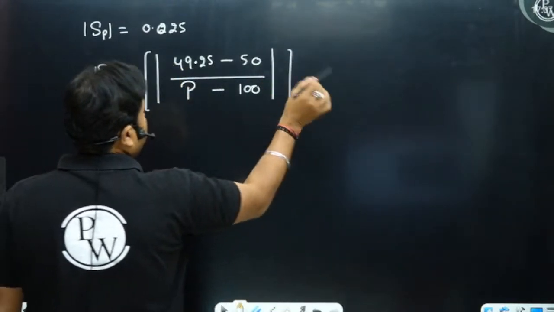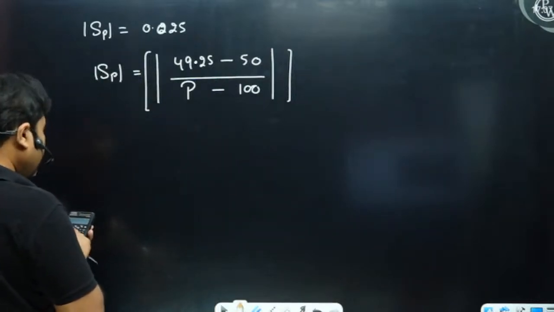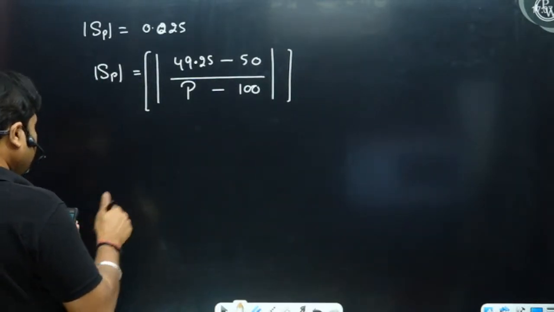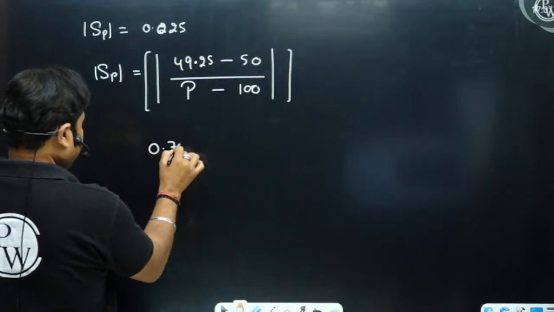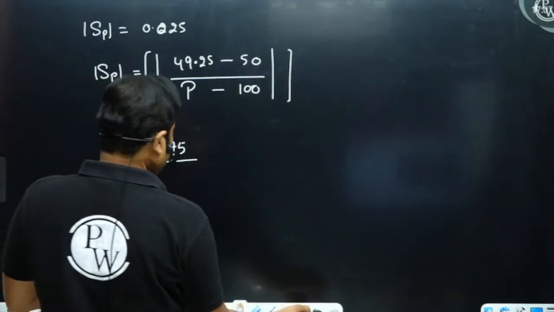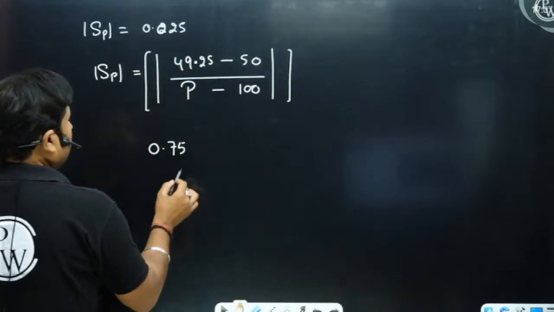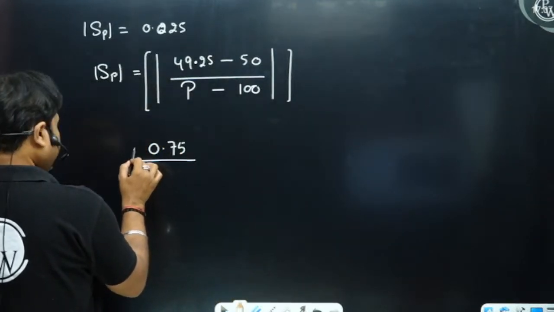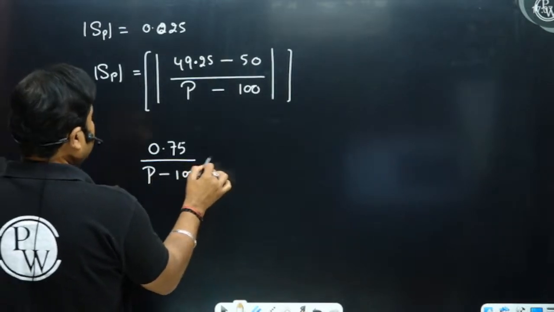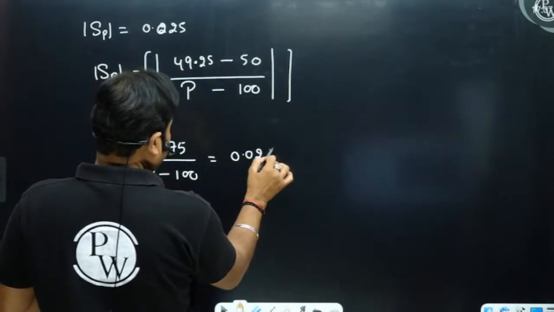So the magnitude will be equal: 0.75 divided by P minus 100 is equal to 0.025.